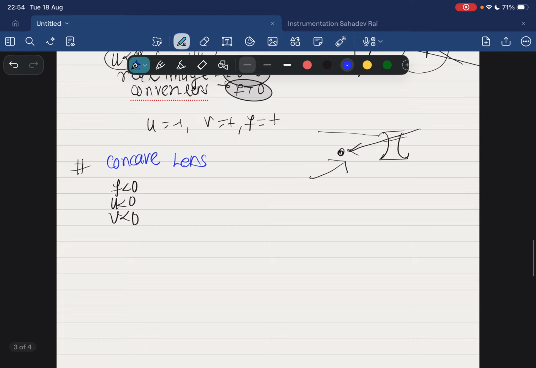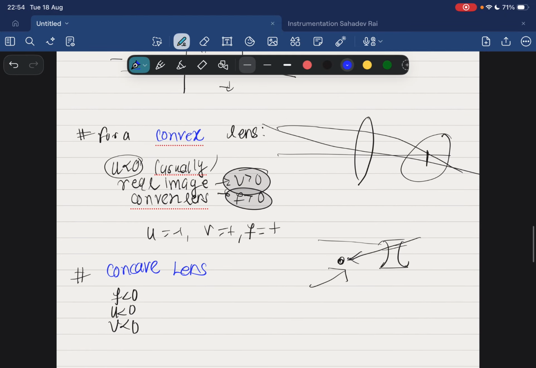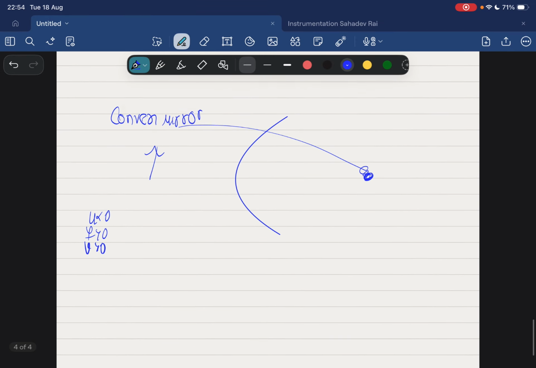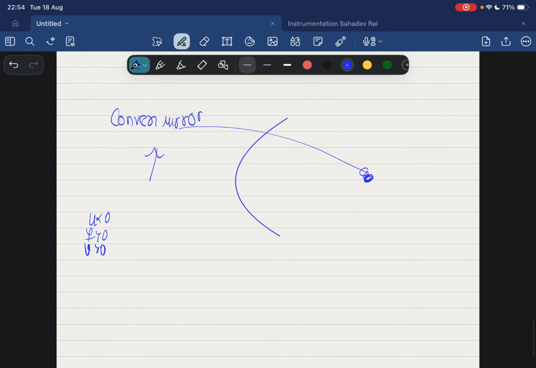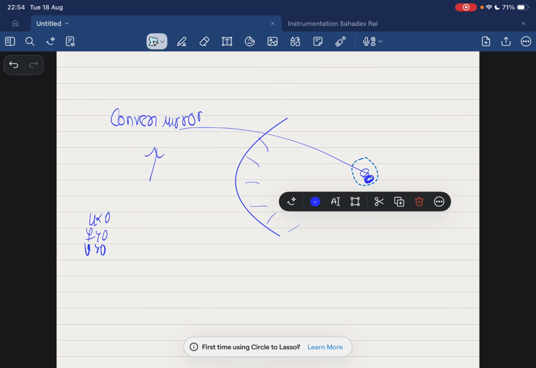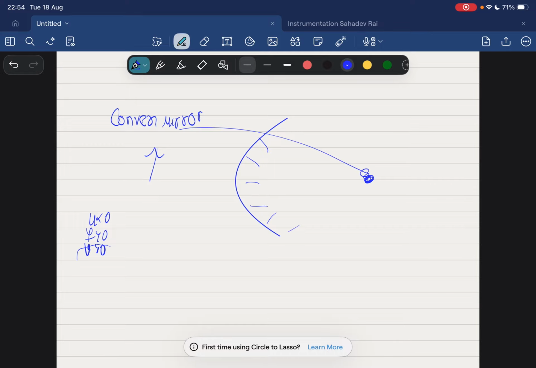In the case of a convex mirror, it is literally formed right here, therefore v is greater than 0.